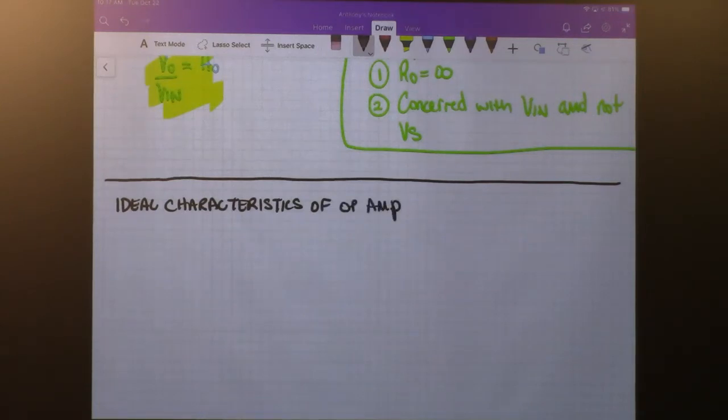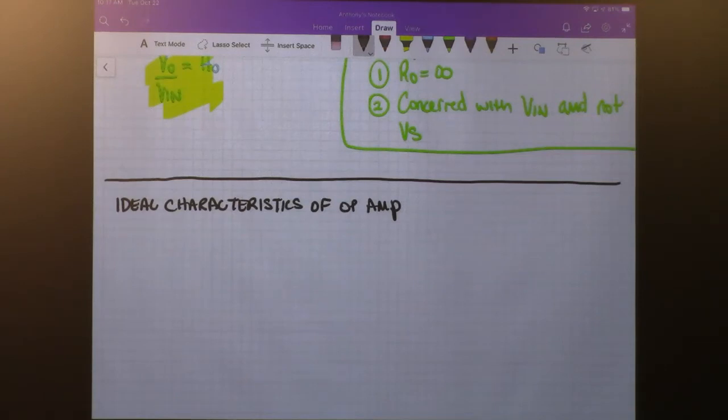For most problems, you can assume that these characteristics apply, unless they tell you that it doesn't. So what are the characteristics?